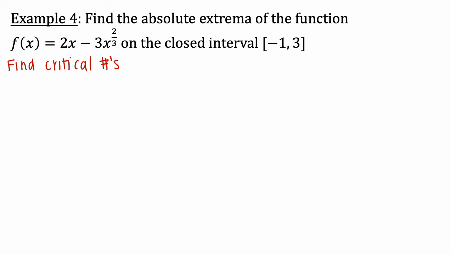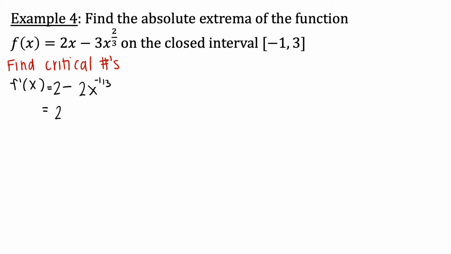So here we would take our f prime of x as 2 minus, forgot my equal sign, 3, bring down that 2/3, we get 2x to the 2/3 minus 3/3 is -1/3. So we want to go ahead and simplify this.